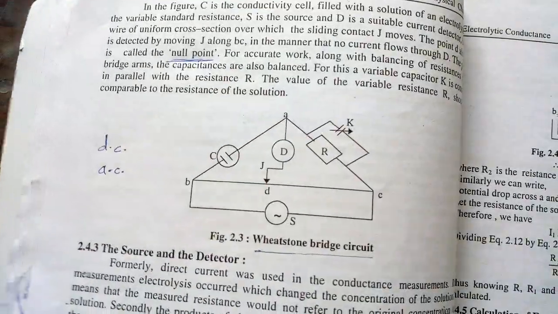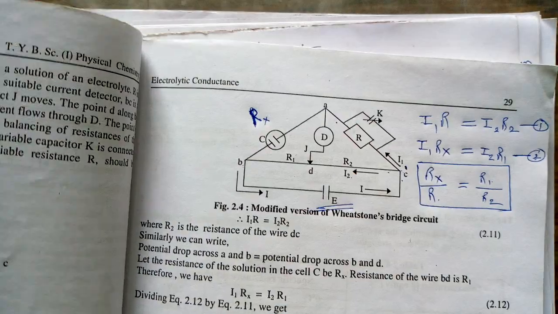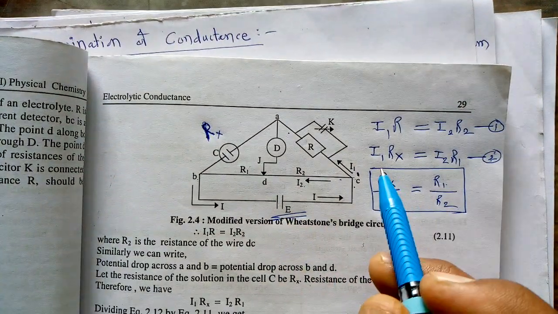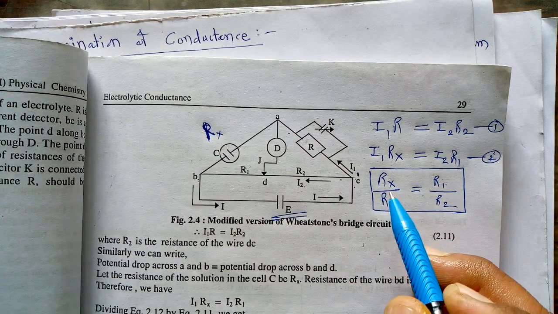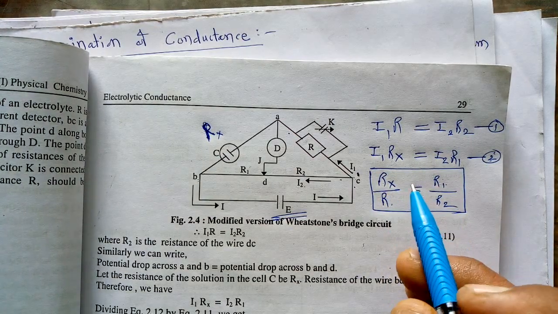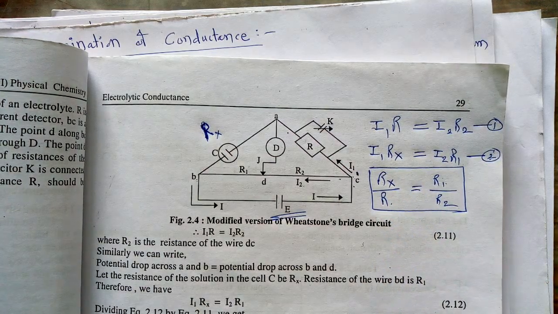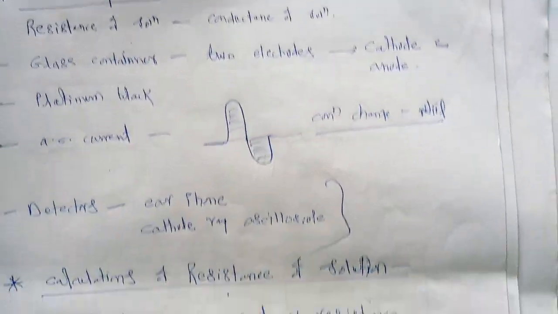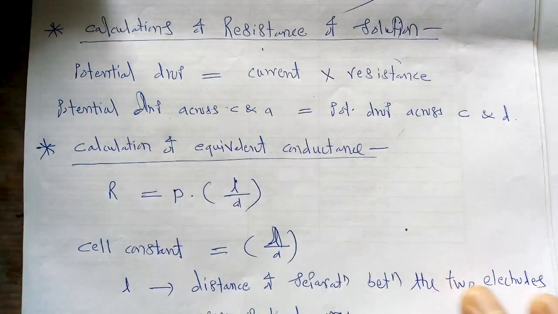After that, in order to calculate the resistance of the solution, we have to use the modified version of the Wheatstone bridge circuit. From it, we may calculate the resistance of the given solution taken in a conductivity cell, called Rx. After calculating this resistance, we are interested in calculating the equivalent conductance.